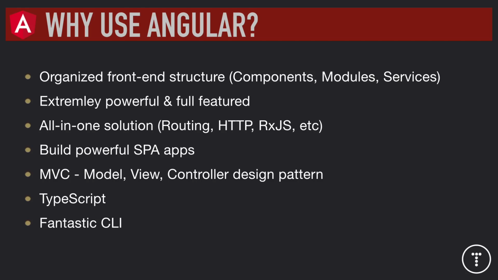So like many frameworks, Angular has a CLI or a command line interface. However, the Angular CLI is very powerful in that you can generate components, services, and other things on the fly rather than creating them manually, which is really cool. So we're going to get into all of this stuff.